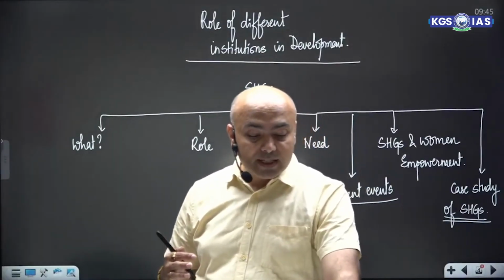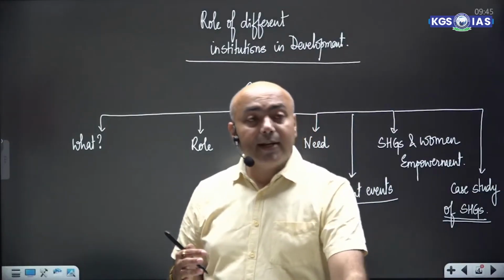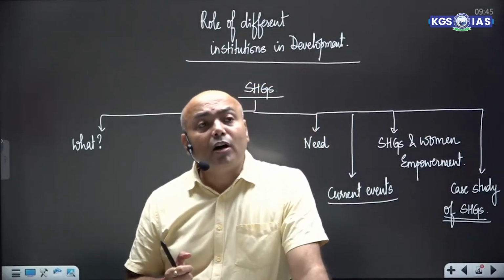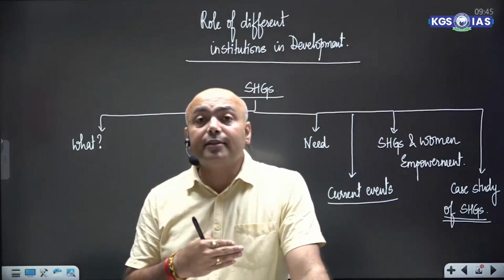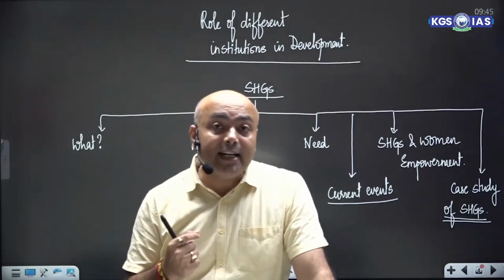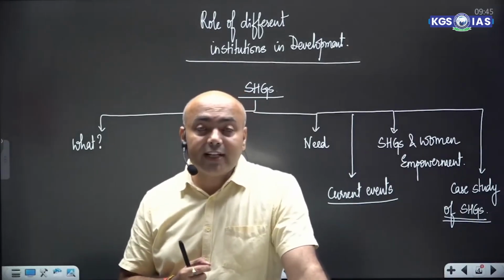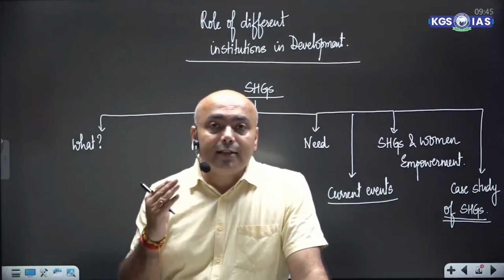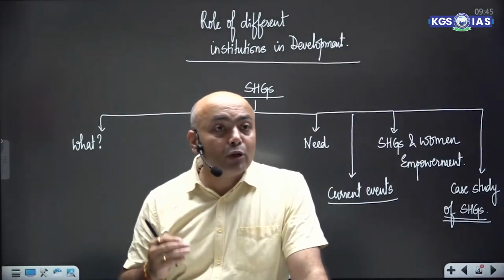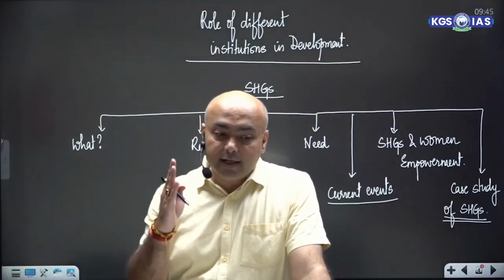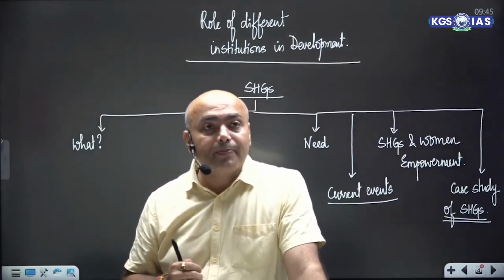We have to see how some very important self-help groups have functioned, and what outstanding initiatives they have taken up. Like you must have heard about the self-help group in the state of Kerala, Kudumbashree. You must have heard about a self-help group in the state of Bihar, Jeevika.